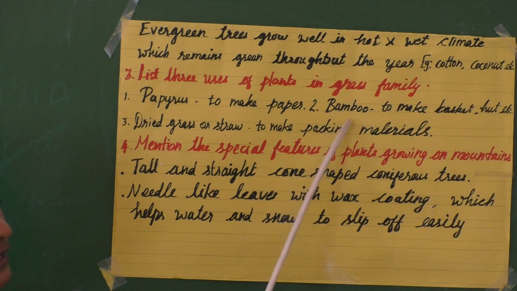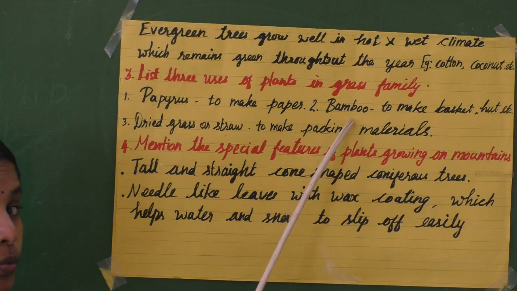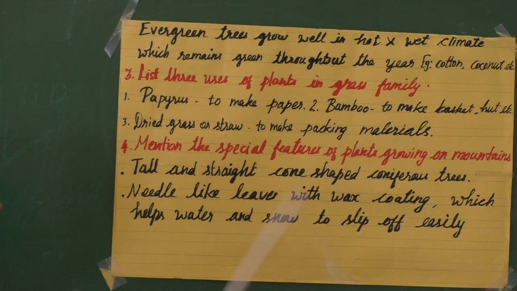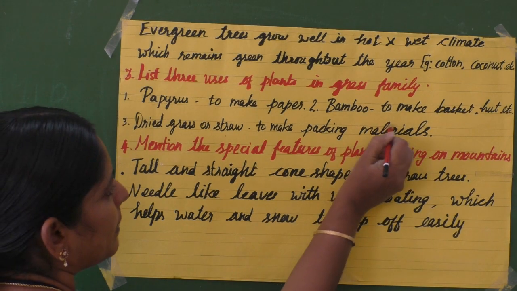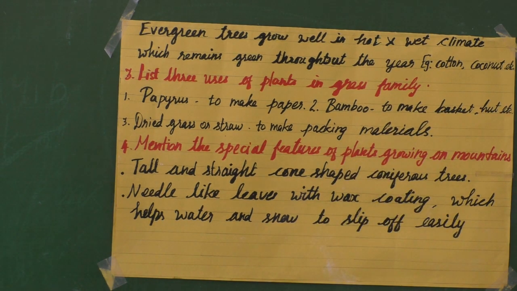Bamboo, B-A-M-B-O-O. Third one, dried grass or straw. Straw na edha solluvom? S-T-R-A-W. Straw means peckapul. Here rice, paddy adichona kedakudhu illaya, that is straw. To make packing materials. Clear, children?